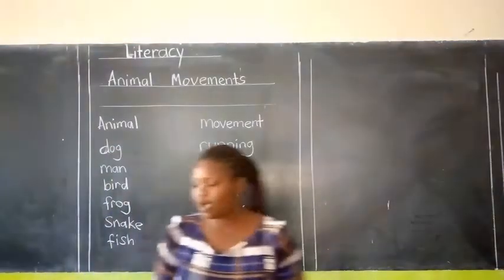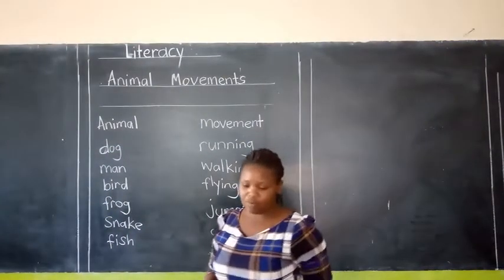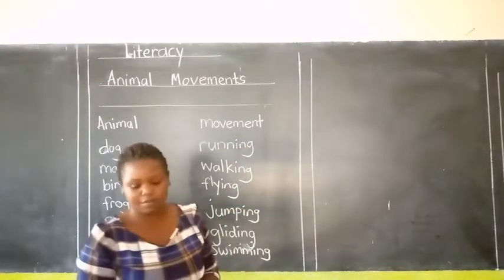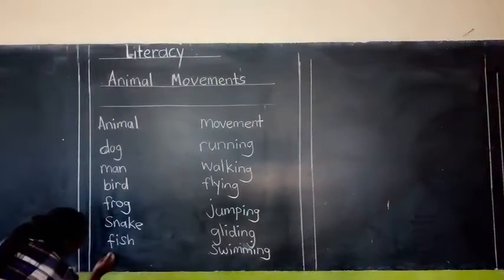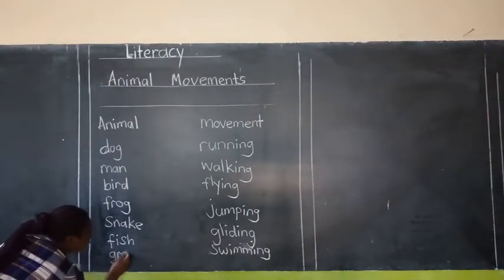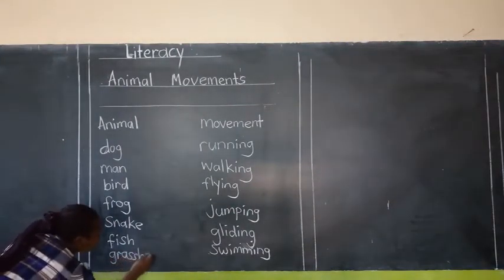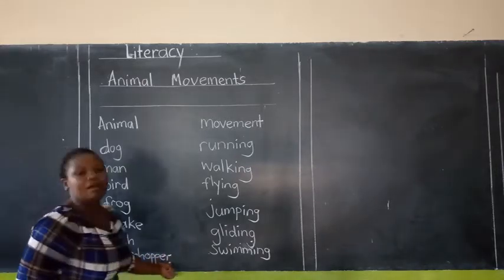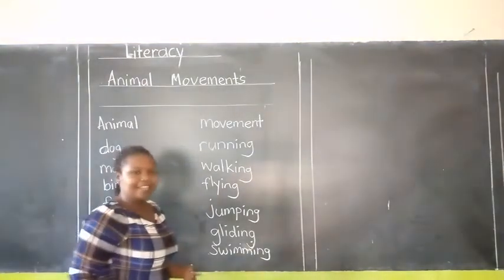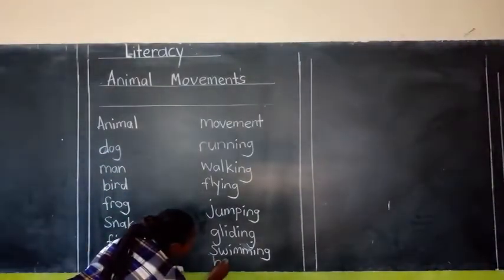Which other example can we give of the animals? I can give grasshopper. Grasshopper moves by hopping.